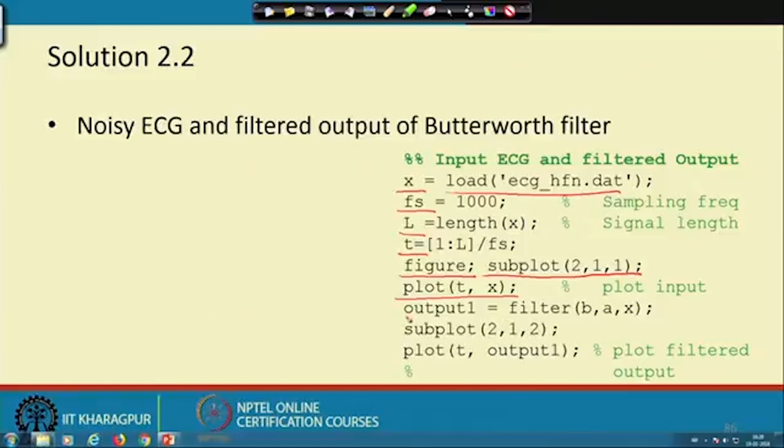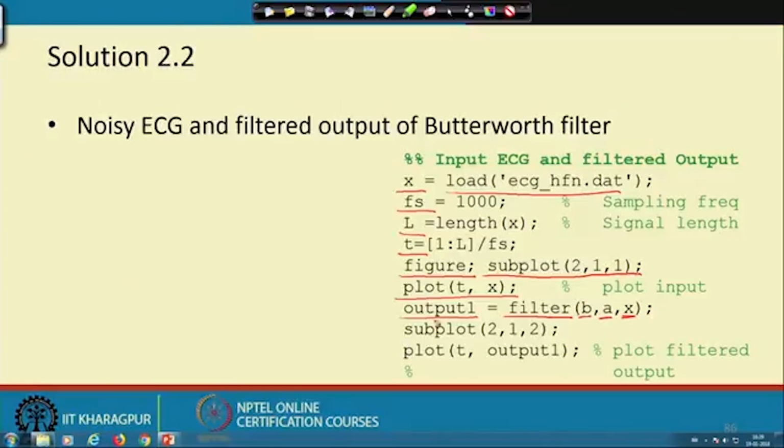Then we compute the filter response by using the command filter. The first variable is the numerator polynomial, the second one is the denominator polynomial. Already we have designed the Butterworth filter, and from there we got these coefficients, and the third variable is the input signal vector.